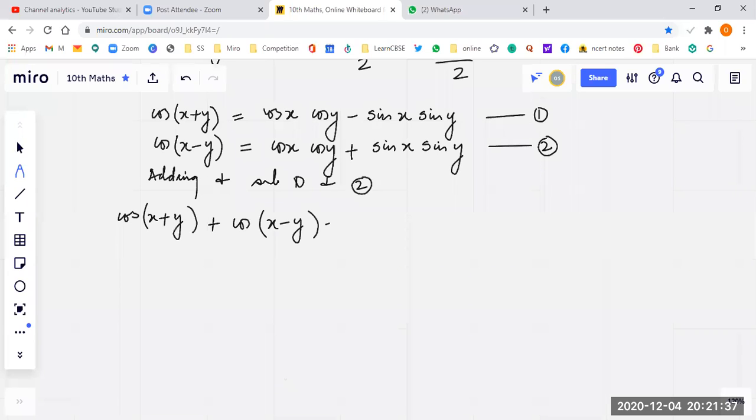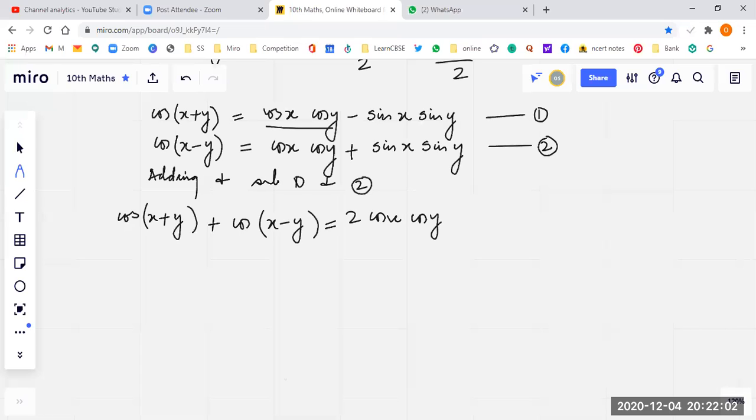Please tell me what is this equal to? See, sin x sin y will cancel. Cos x cos y, cos x cos y. So what can I write? Please tell me. See, this comes to 2 cos x cos y. Beautiful. This is the meaning of adding and subtracting. Or you can remove this also. Simply write adding 1 and 2. No problem. Okay.